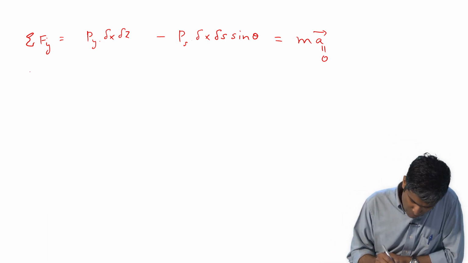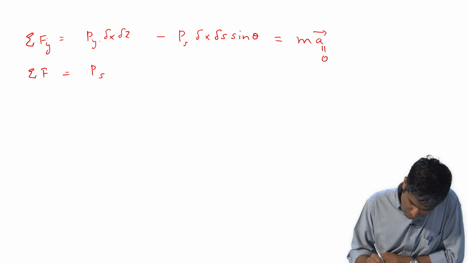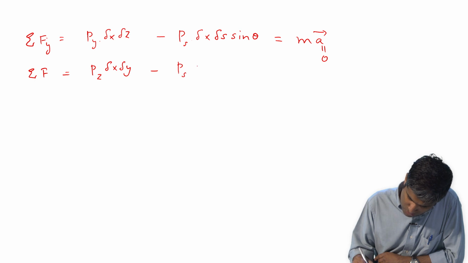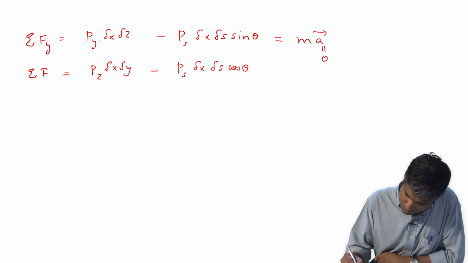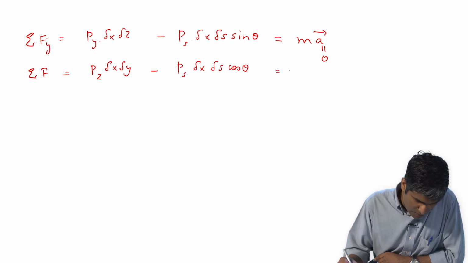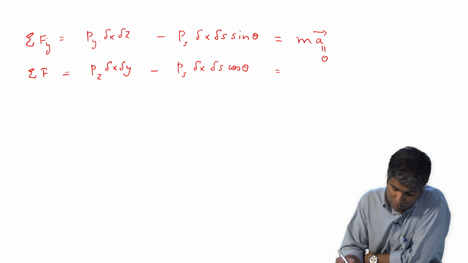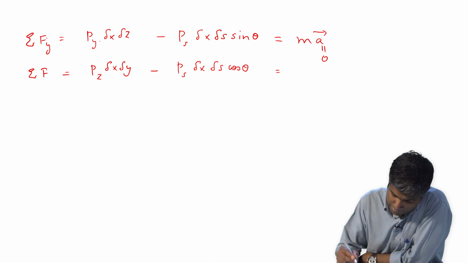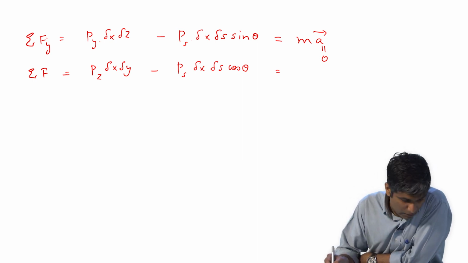And if I were to write a similar equation for the vertical direction, I would say Pz, that's the bottom face, Pz delta x delta y minus Ps delta x delta s cosine theta, and in this case that needs to be equal to the weight of the fluid element.